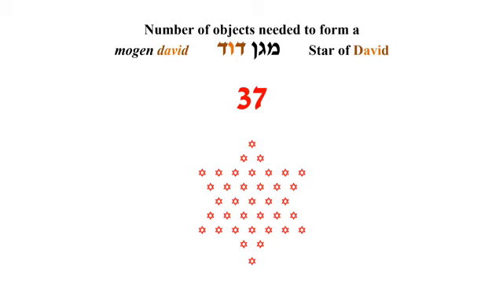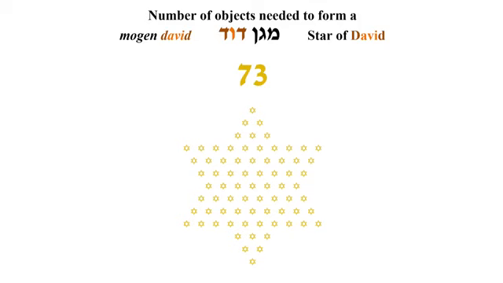If you want to make a bigger Star of David, you're going to need more dots. And there's a specific number, and it's 37 dots. 37 makes a perfect Star of David. The next number bigger than that is 73 dots. This is not a coincidence, folks. The one beyond that, I think, is 121.